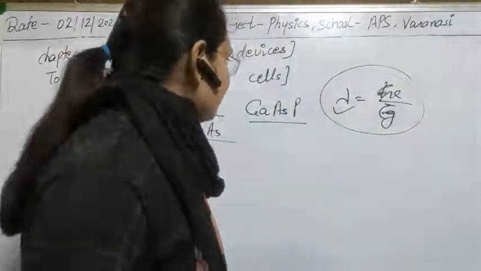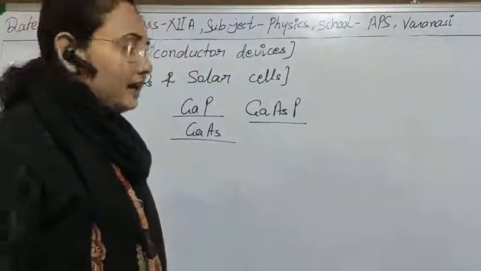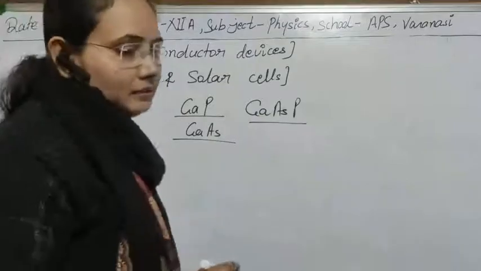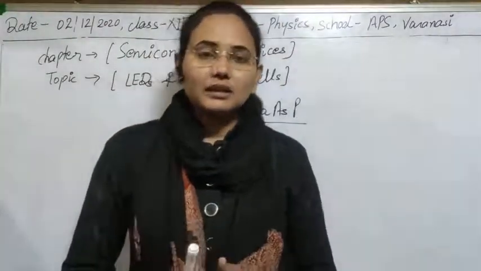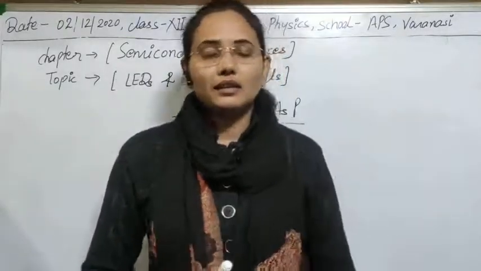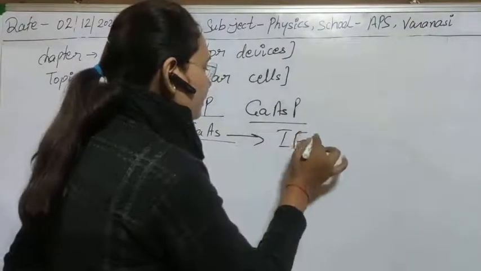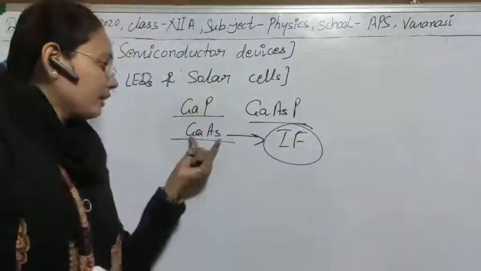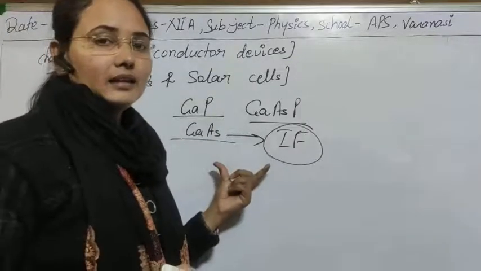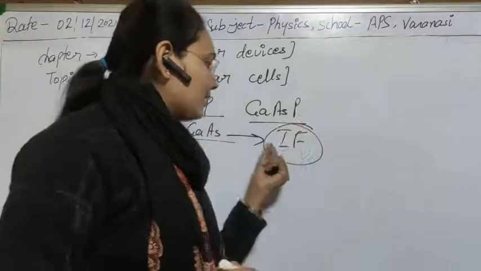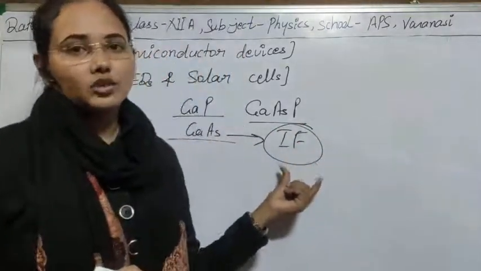So these three types of material are the ones we use most to construct or fabricate LEDs. In the case of gallium arsenide, the radiation emitted lies in the region of infrared. So whenever we use gallium arsenide to fabricate an LED, the radiation emitted lies in the range of infrared.